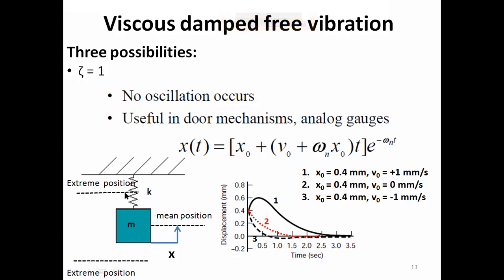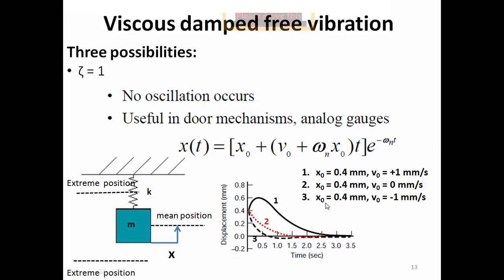It is just like I am holding the mass here at this extreme position. At this extreme position the velocity is 0, and if I release the mass, it would slowly and gradually come to its equilibrium position.